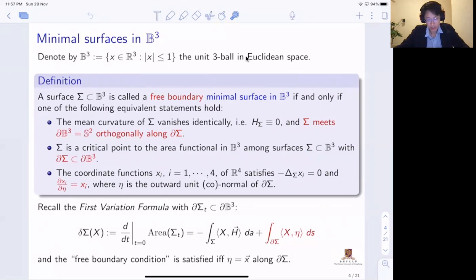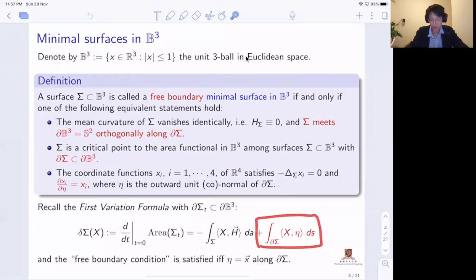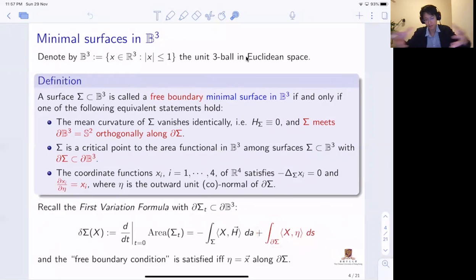And variationally, we can characterize it as saying that the surface is a critical point of the area functional. But now the surface has a boundary, and the boundary is always constrained to lie on the boundary sphere. It can move, but it can only move on the boundary sphere. So if we look at this variational problem and compute the first variation formula, keeping the boundary constrained on the boundary sphere, then the first variation formula gives you an additional term, which comes from the boundary movement.